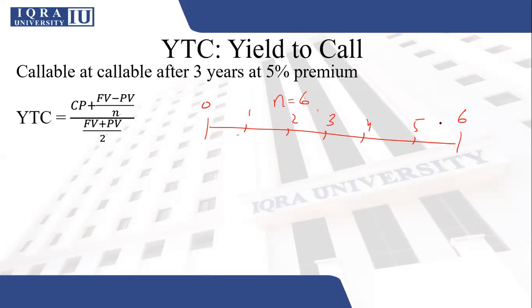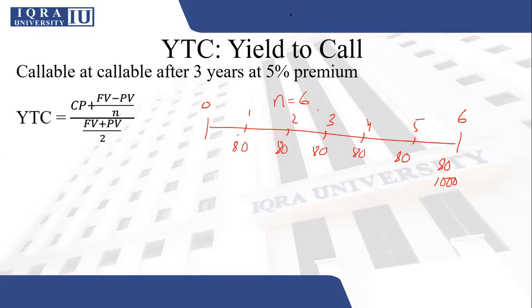This basically means that if the bond had gone till maturity, the investor would have gotten these cash flows. The coupon rate was 8%, so 80 every year, plus the face value of 1000 back at the end of the 6th year.